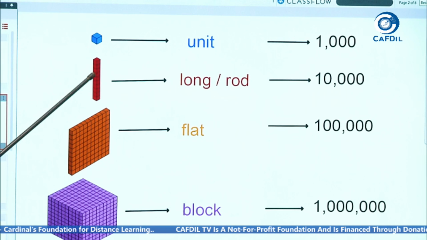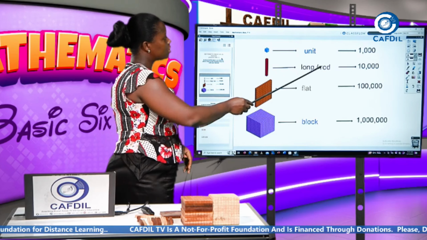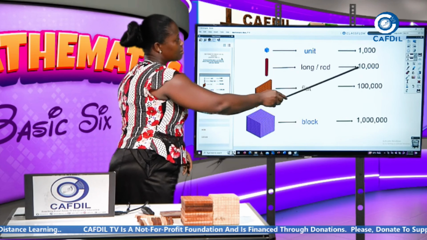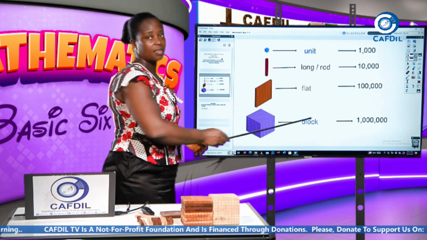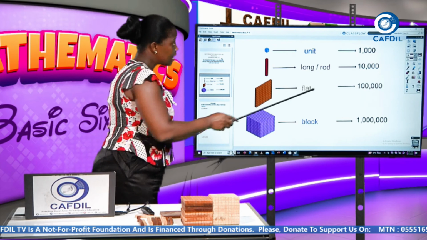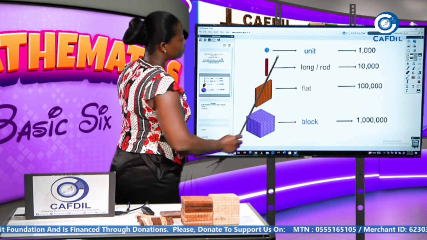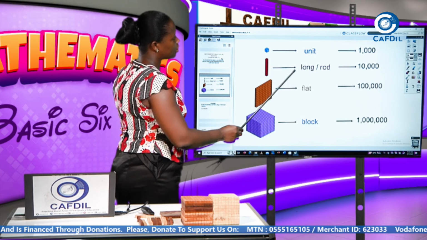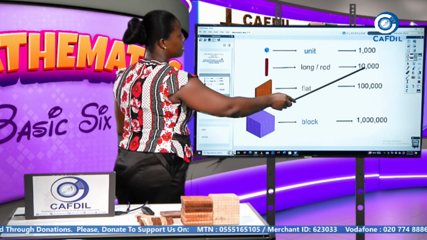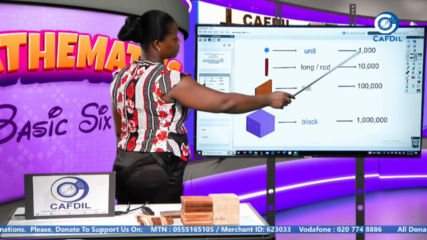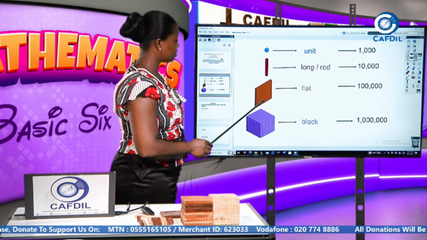And then the long or the rod. What is the value, learners? That is 10,000. This is the long, the name, and then its value, 10,000. We have the flats.